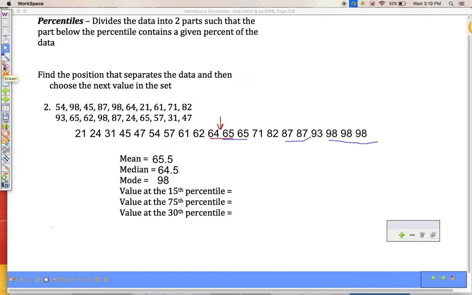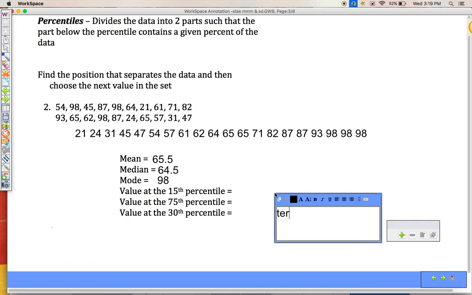All right, now, understanding percentiles. What we are finding for this first problem is the term that has 15% of the data below it. All right, that's the terminology. The term with 15% of the data below it.